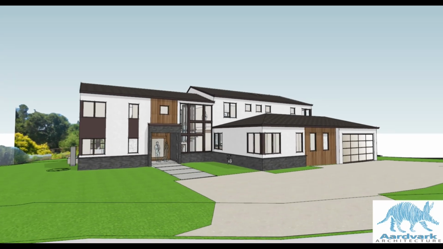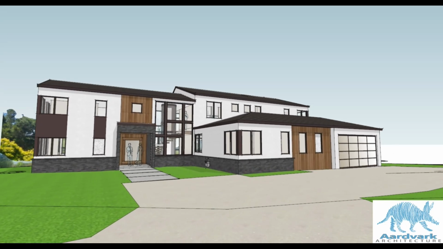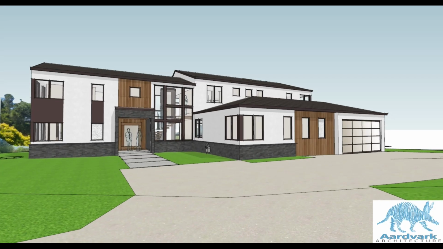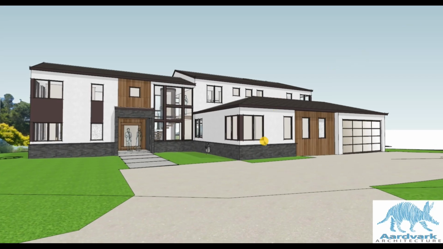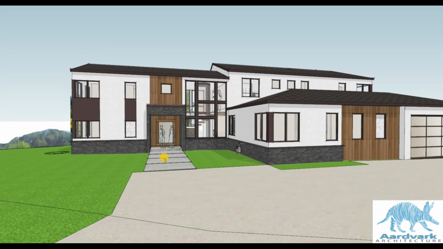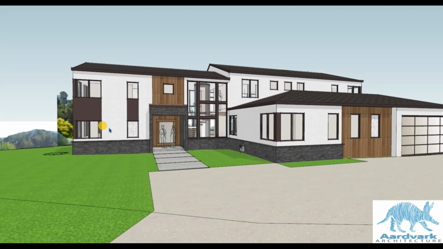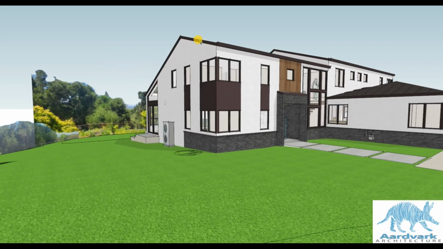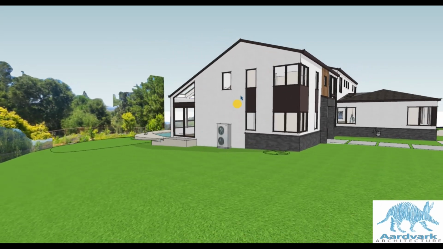So let's go ahead and start the tour here at the existing curb cut that leads to the existing parking court and the existing entry area, and the existing roof framing and walls and foundation over on this side of the home.